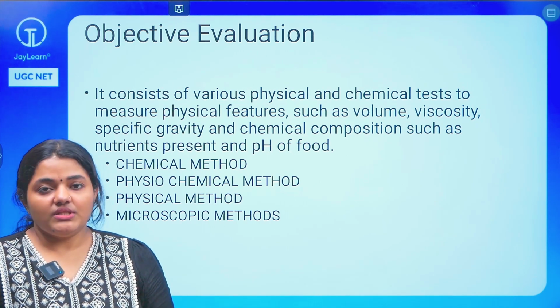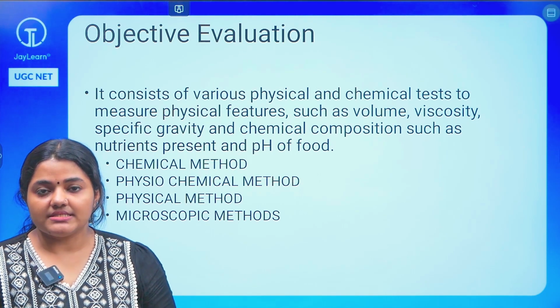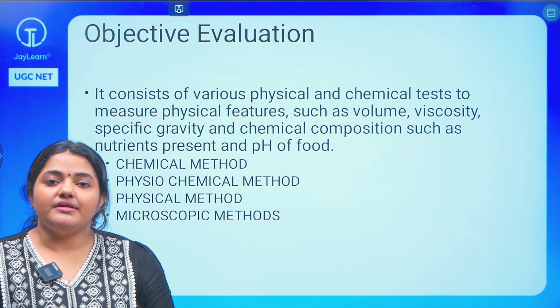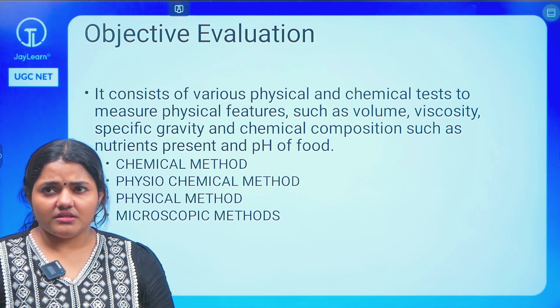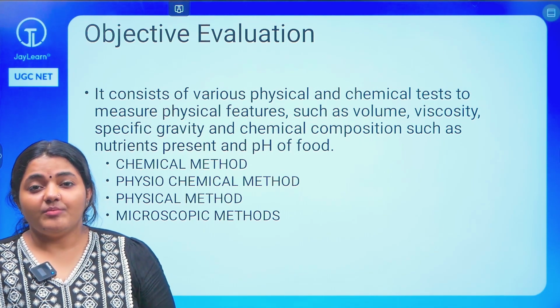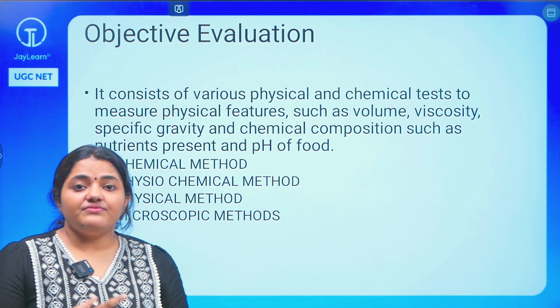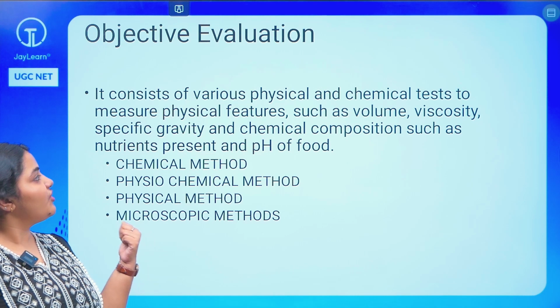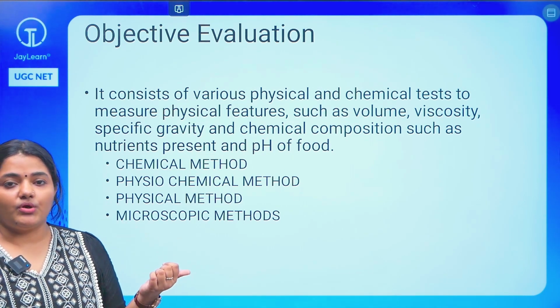So these four are known as the proximate analysis. Other than that, the carbohydrate, the sugar concentration, the nutrient concentration, the amino acids, the mineral concentration like calcium, sodium, everything is usually found by the chemical method of objective evaluation, which is usually done in the laboratory.